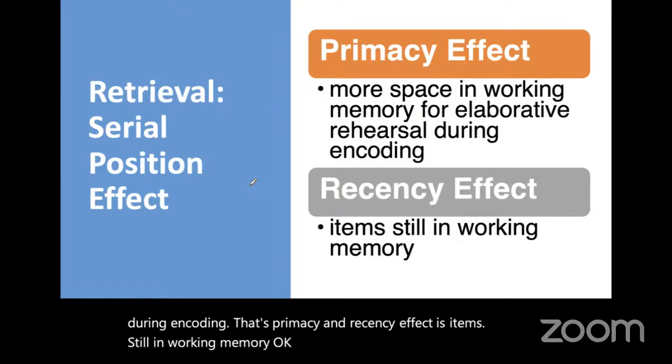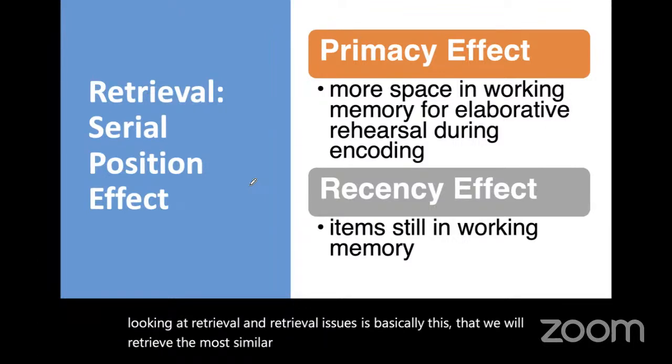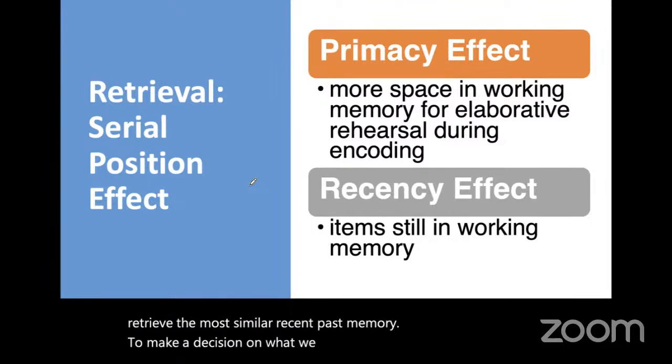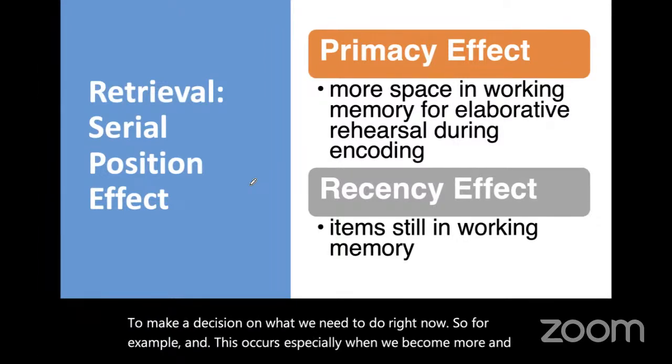And what we have found when we're looking at retrieval and retrieval issues is basically this, that we will retrieve the most similar recent past memory to make a decision on what we need to do right now, okay? And this occurs especially when we become more and more stressed.